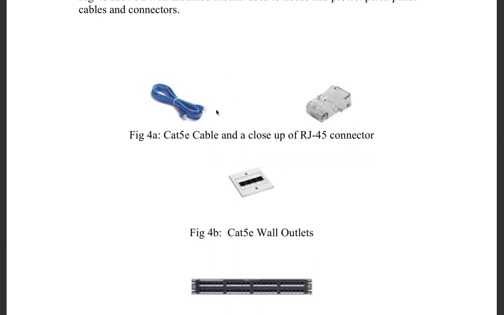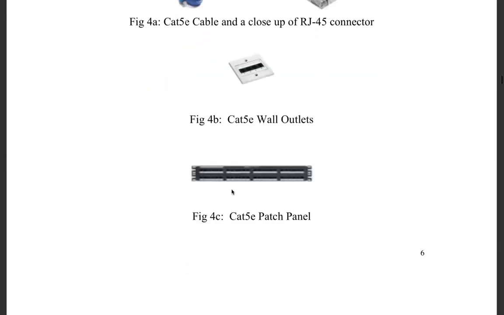Together they form the 10BT cable. Then these are the ports on the wall. When you take a deeper look at the wall outlet, this is how it looks, which connects your computer and gives you the channel you want to access.